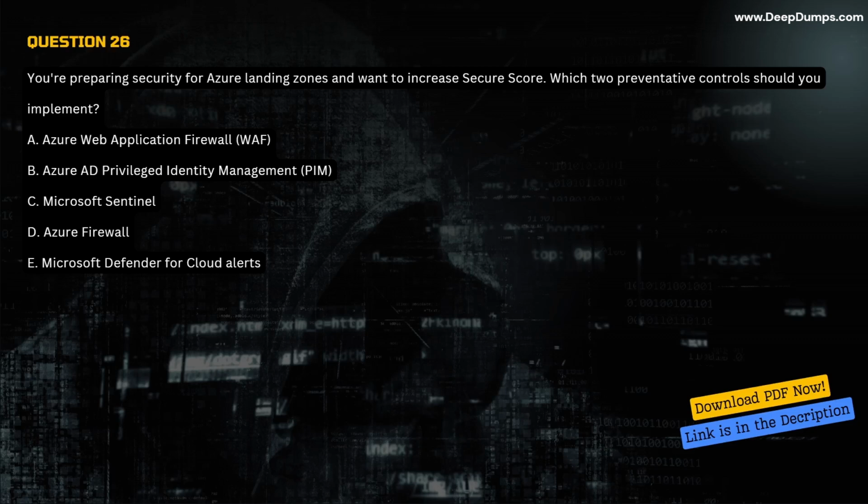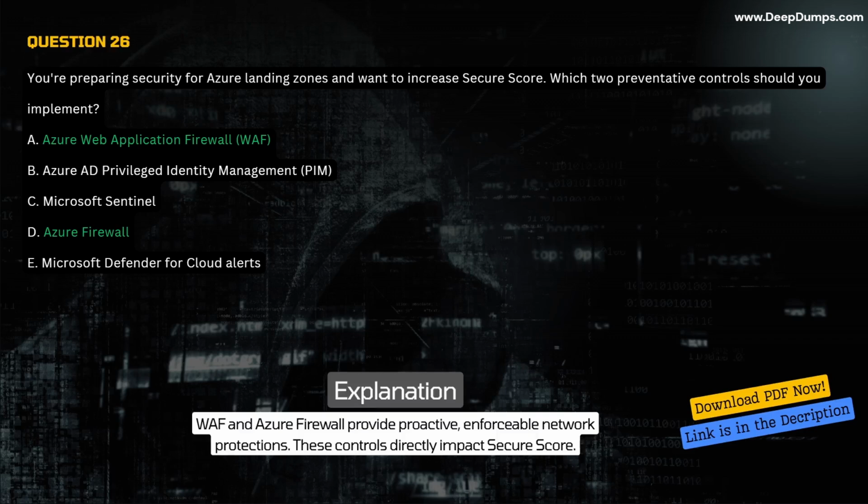E. Microsoft Defender for Cloud Alerts. Correct answer A and D. Azure Web Application Firewall, WAF. Azure Firewall. Explanation. WAF and Azure Firewall provide proactive, enforceable network protections. These controls directly impact secure score.